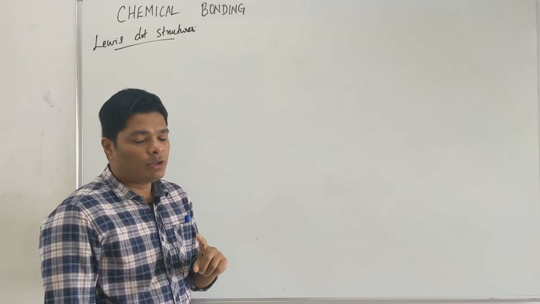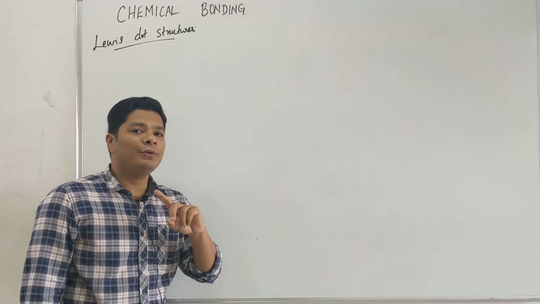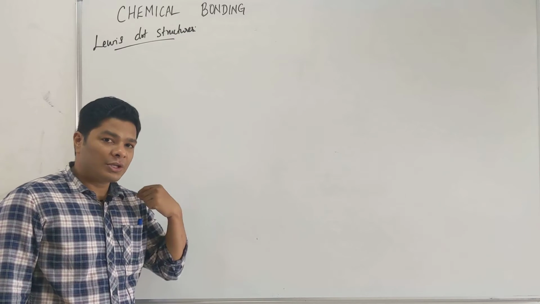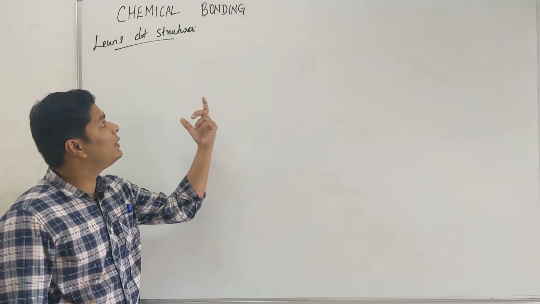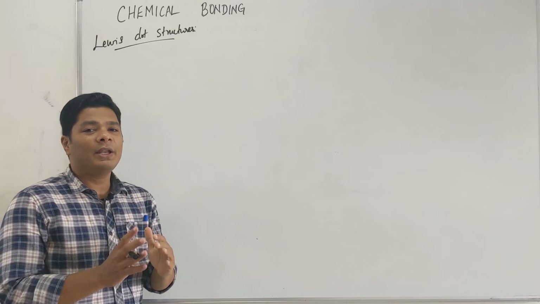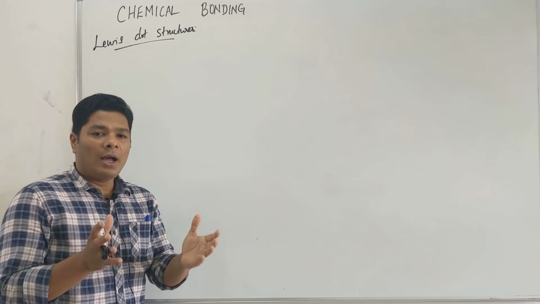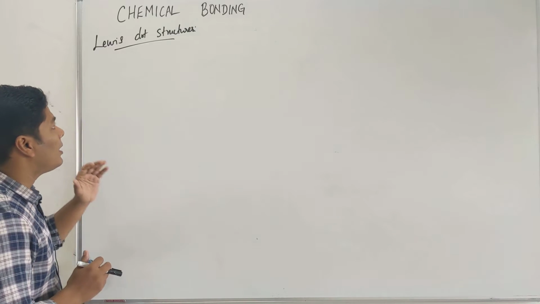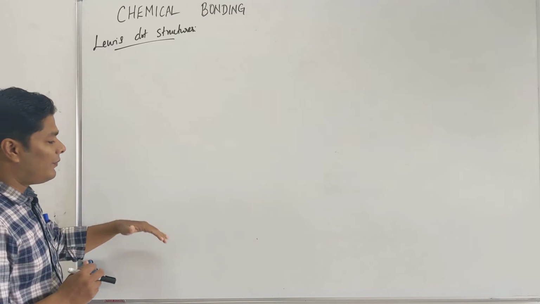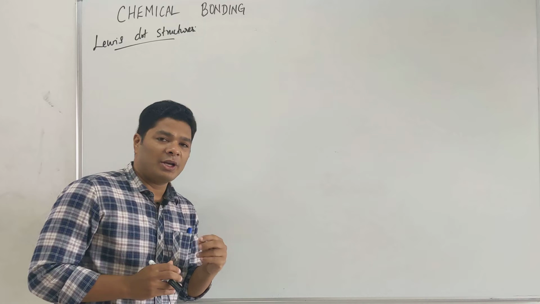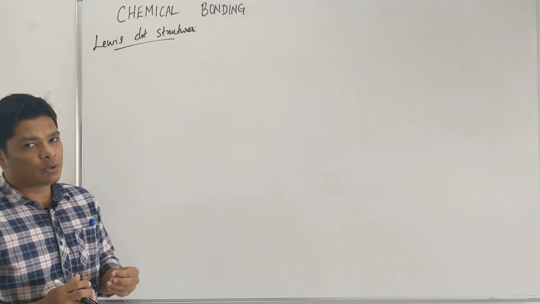First thing you want to know is Lewis dot structure is not going to give you shape. Okay, we will use the structures to get the shapes later, but this will not give you shape. This will tell you a simple electronic arrangement when a molecule is given. Okay, a couple of rules are there, and there are a couple of ways you can draw Lewis dot structure. No particular way. We will deal with the simplest way possible.